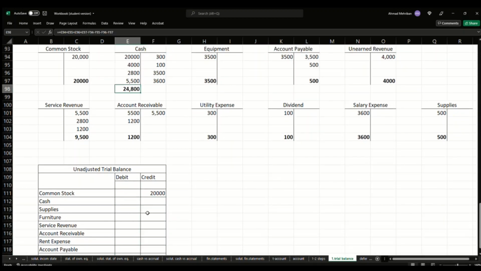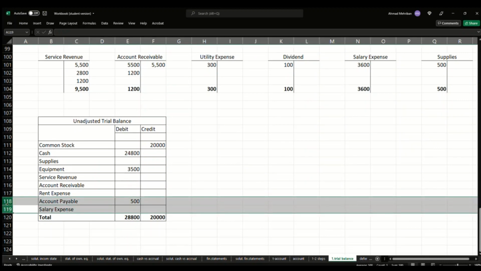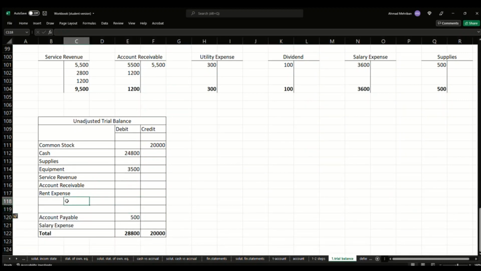Cash, we have 24,800. Equipment, we don't have furniture, so I'll just remove that. So equipment is 3,500. Accounts payable, we have here already, how much? 500. Unearned revenue, I'll add because we didn't have that. Unearned revenue was 4,000 on the credit side.